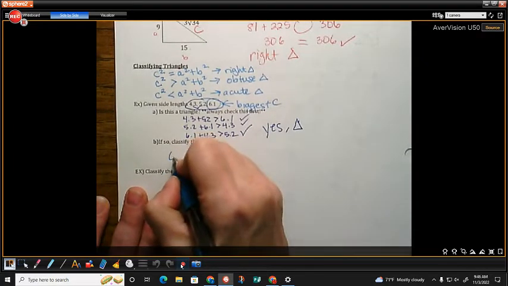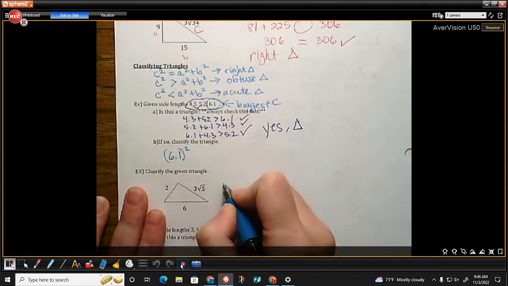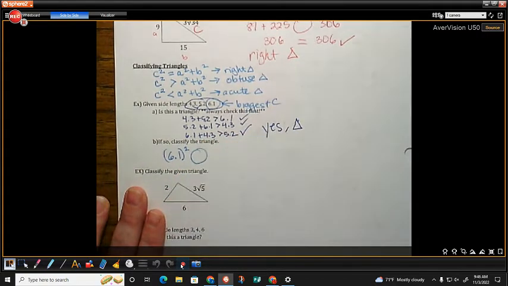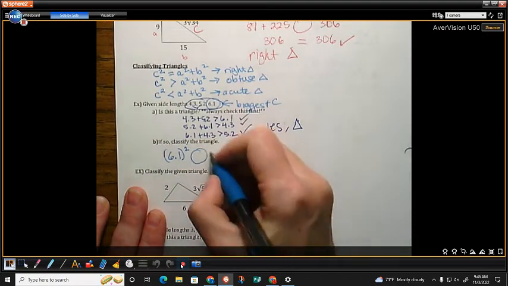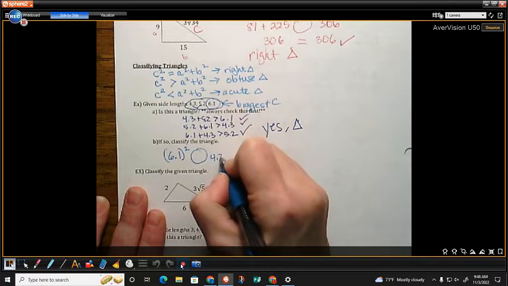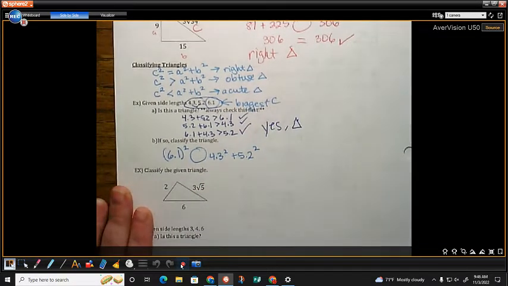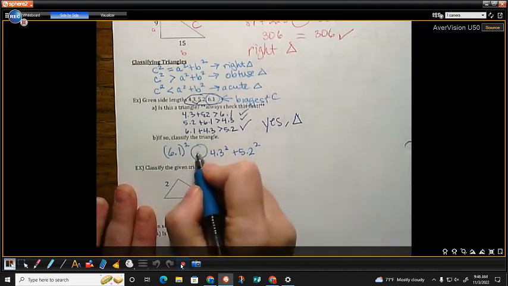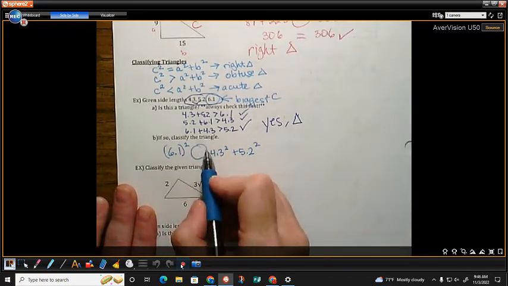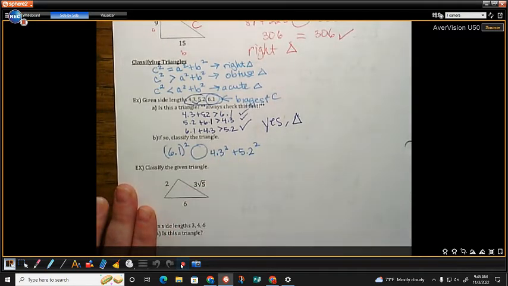Is 6.1 squared bigger, smaller, or equal to 4.3 squared plus 5.2 squared? What does the circle stand for? That's me trying to figure out what goes there. Is it going to be bigger than, smaller than, or equal? You could put just an empty space there if you want.